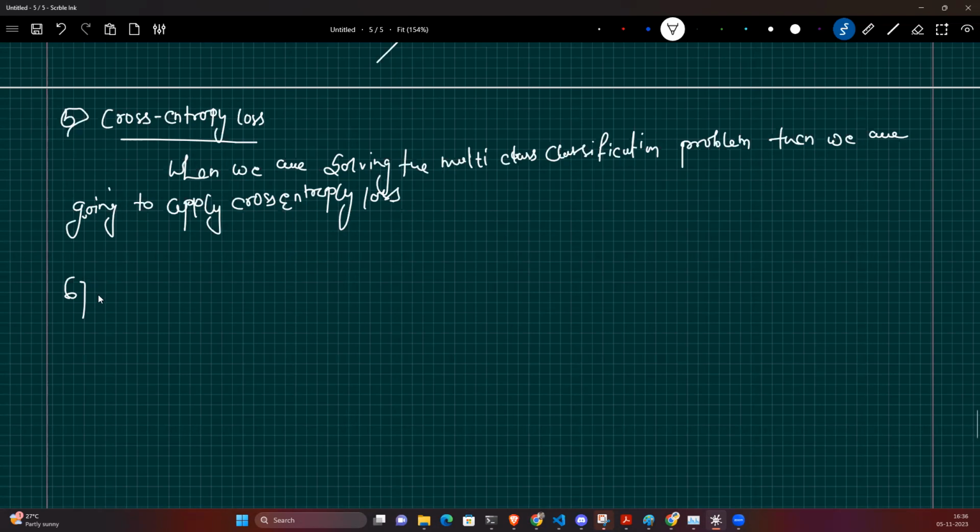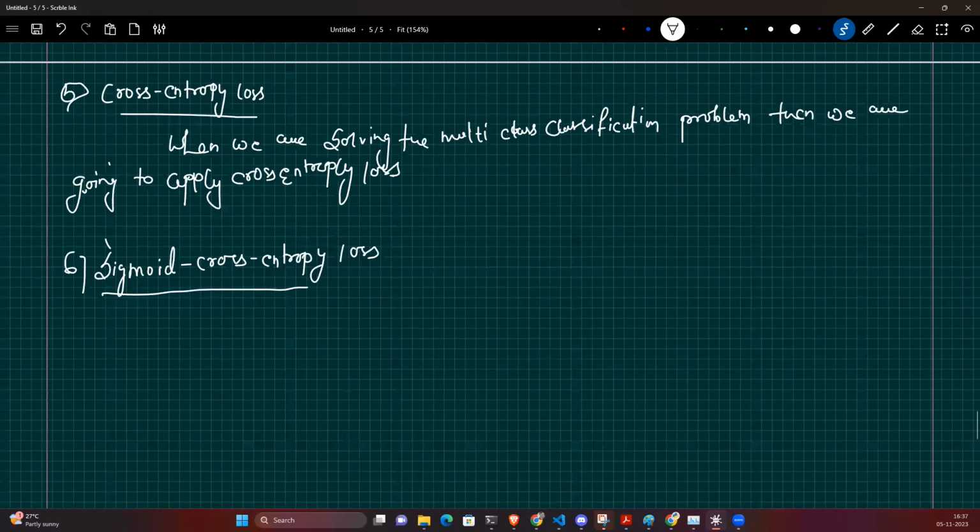So next is sigmoid cross entropy loss. Again, as its name suggests, it's just an extended form of cross entropy. When you have a binary class classification problem, then you can go with the sigmoid cross entropy function.